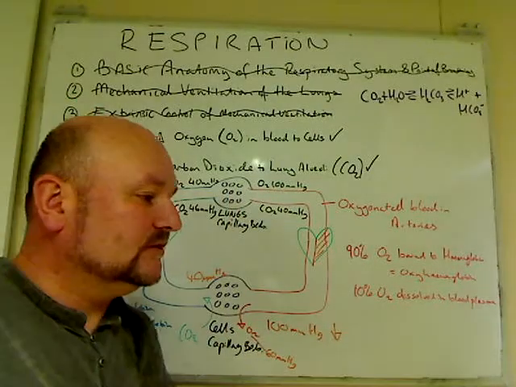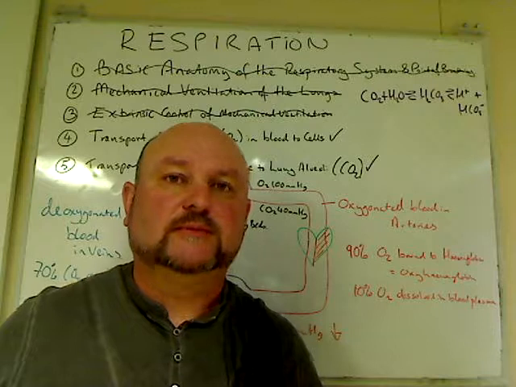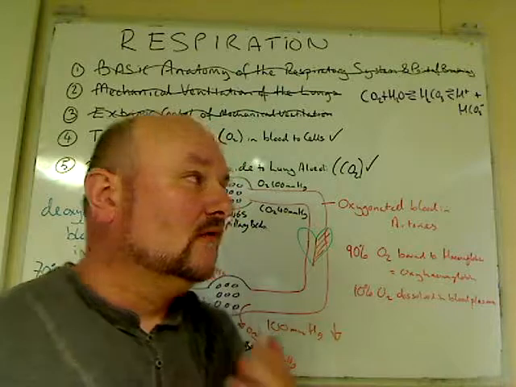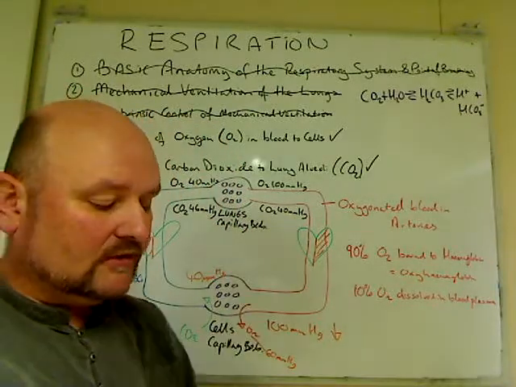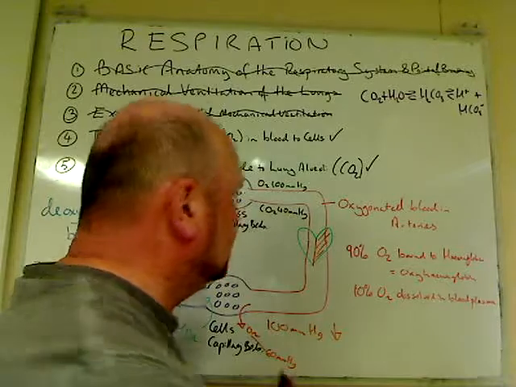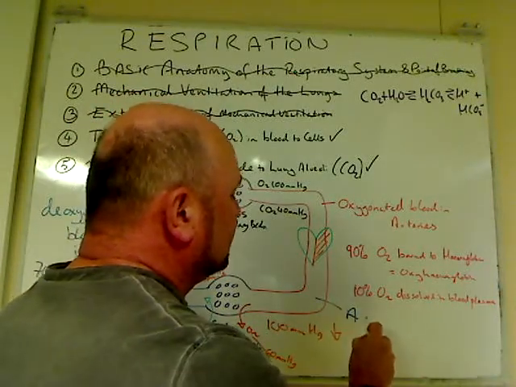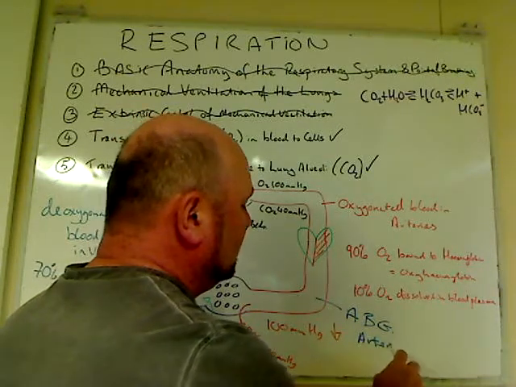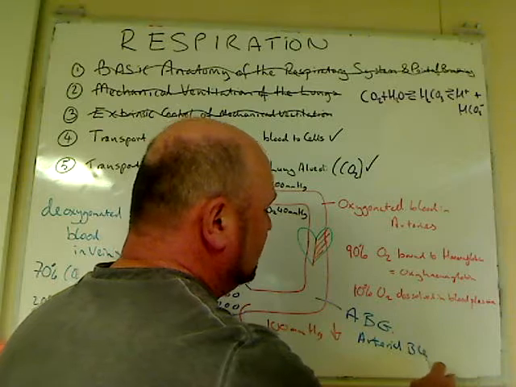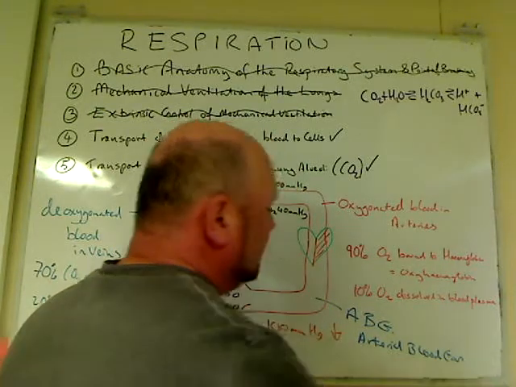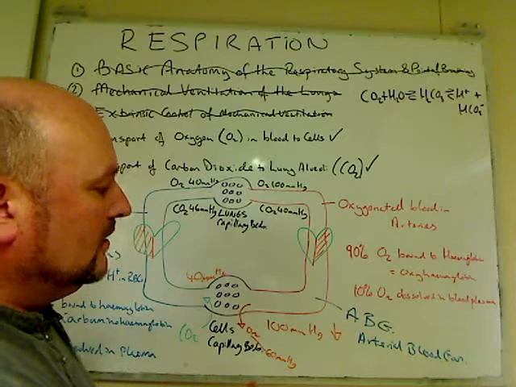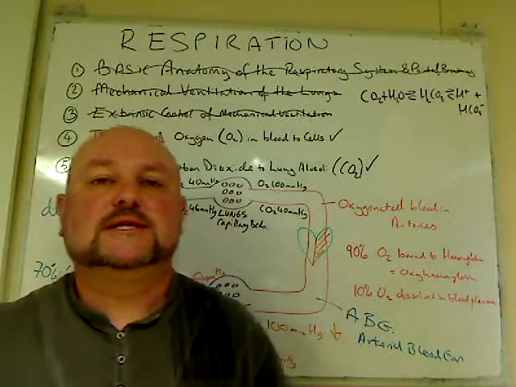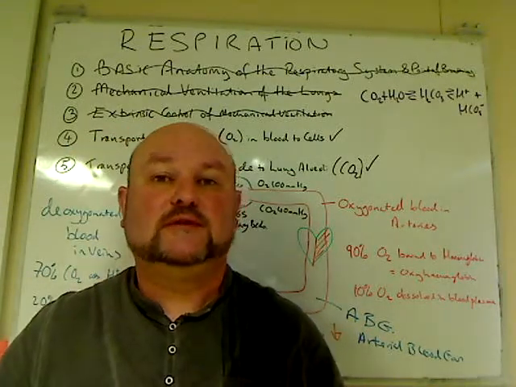So if you have a patient in your ER department and they're having trouble breathing, or they're having chest pains, etc., what you can do is take something called an arterial blood gas, which would come out here. So it's an arterial blood gas, or ABG. And that gives you a clear indicator of how much oxygen is on the arterial side feeding your cells.